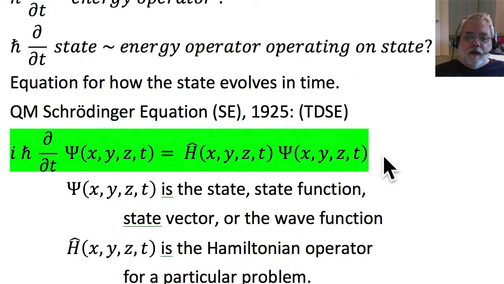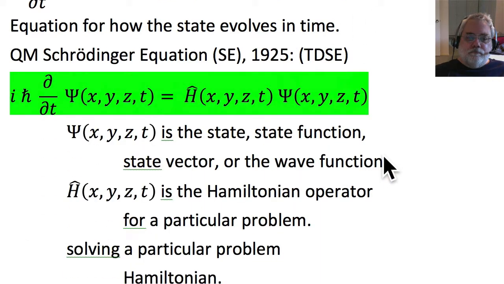Now, a couple things. Psi, we can call it the state function, the state vector, or the wave function. For your current level of knowledge, you can assume that all four of these are equivalent.